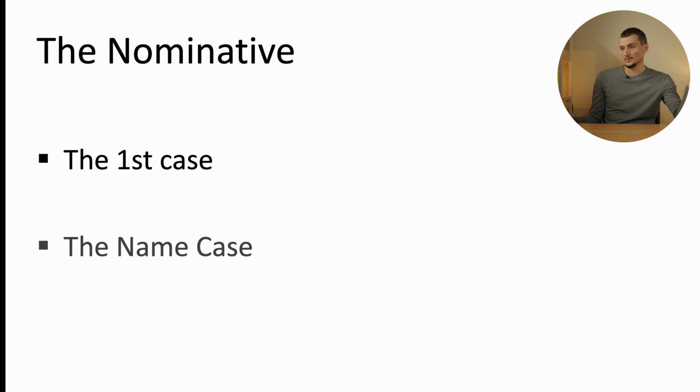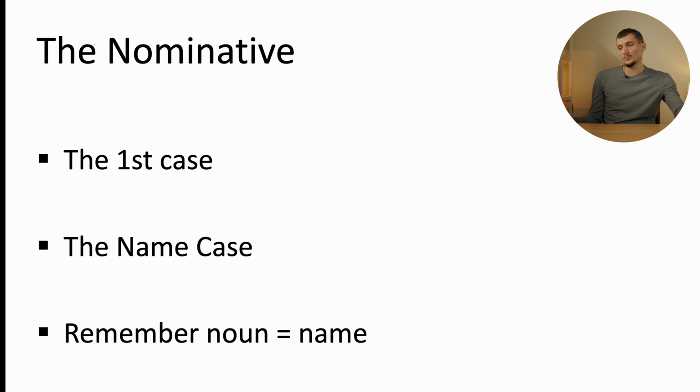Now we get to the nominative case. And the nominative case is the first case. So Slovene has 6 of these versions, and the first one is called the nominative, and each and every one of them has a certain name of its own. And so the nominative, if we break down the name etymologically, means the name case.